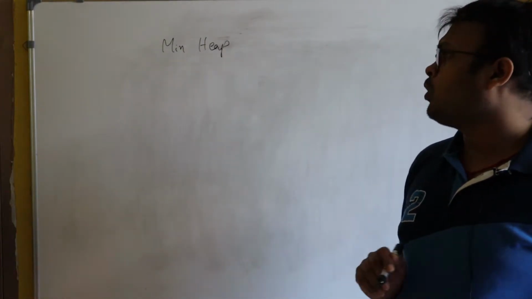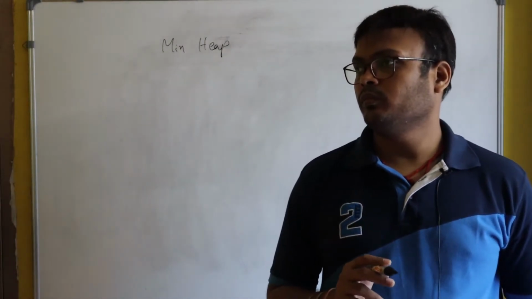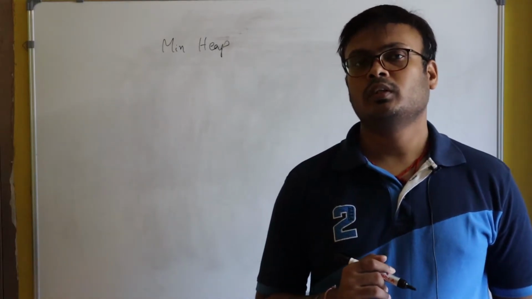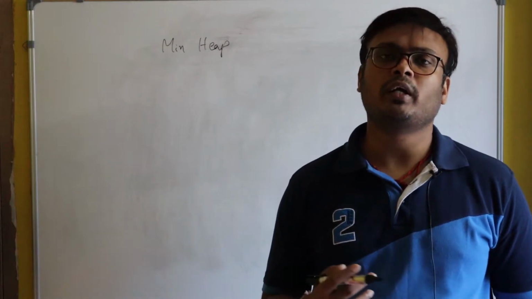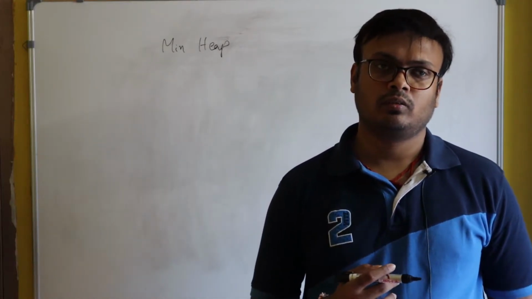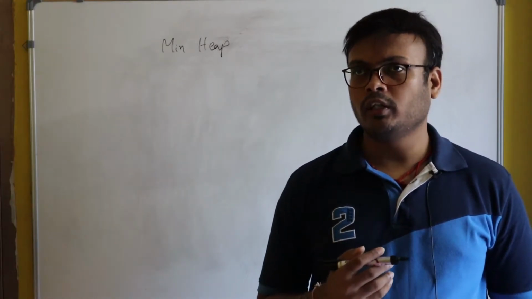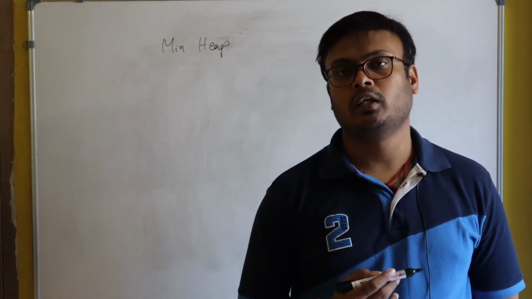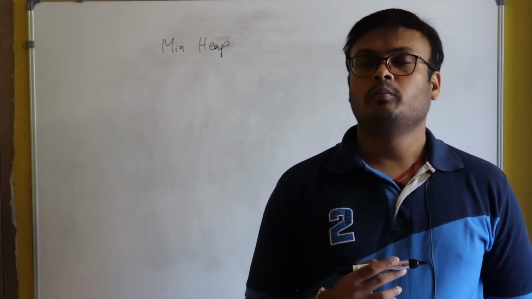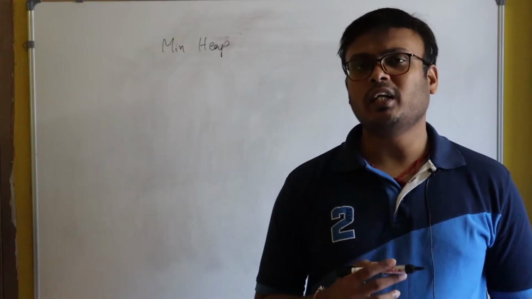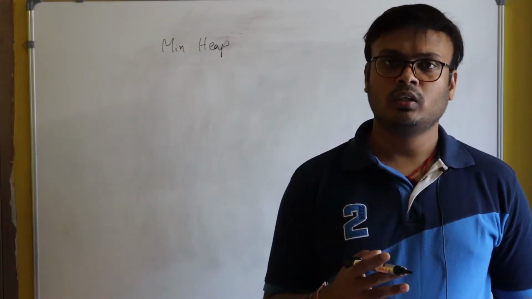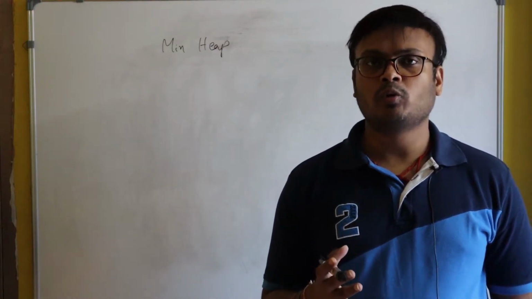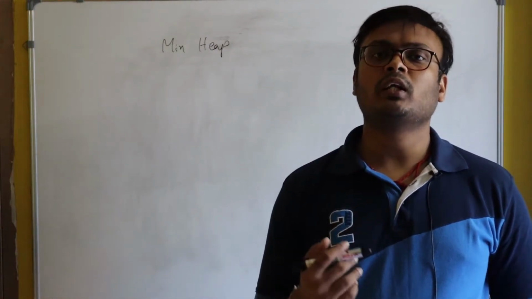Now another important thing is that the SRTF algorithm cannot actually be implemented practically. Even the SJF algorithm cannot be implemented practically. Why? Because it's very difficult to predict the burst time before the starting of the process. You can't predict the burst time.